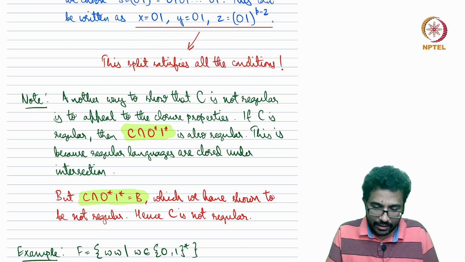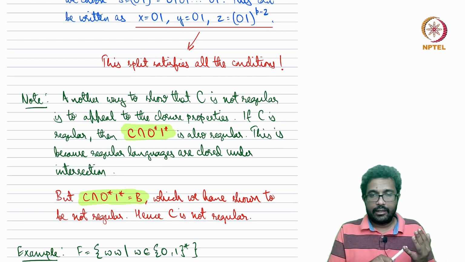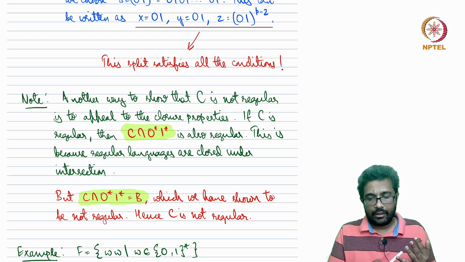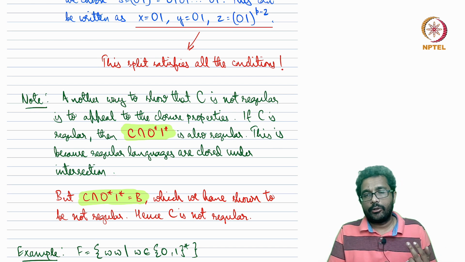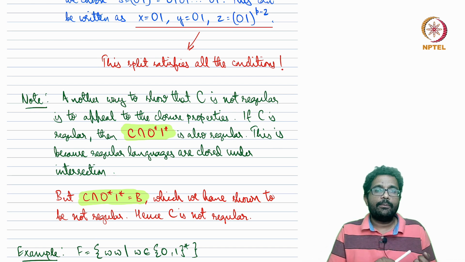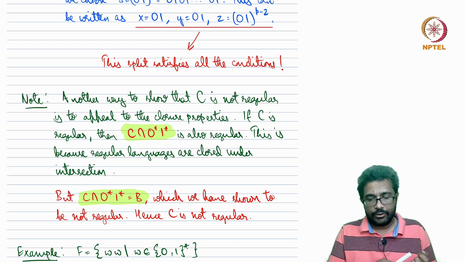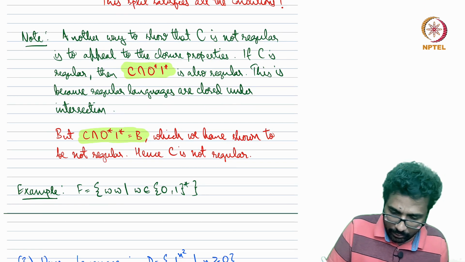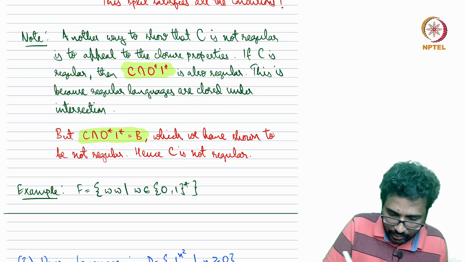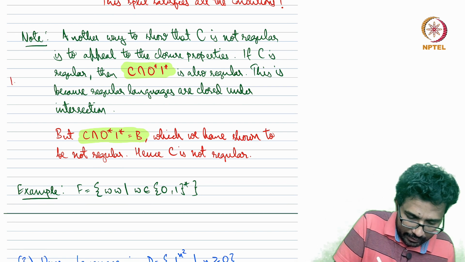Right? So here we are just using closure properties. We are just using that, one, 0 star 1 star is a regular expression, regular, and two, we are using that regular languages are closed under intersection, and three, we are using that B is not regular. Right? So these are the 3 facts that we are using.